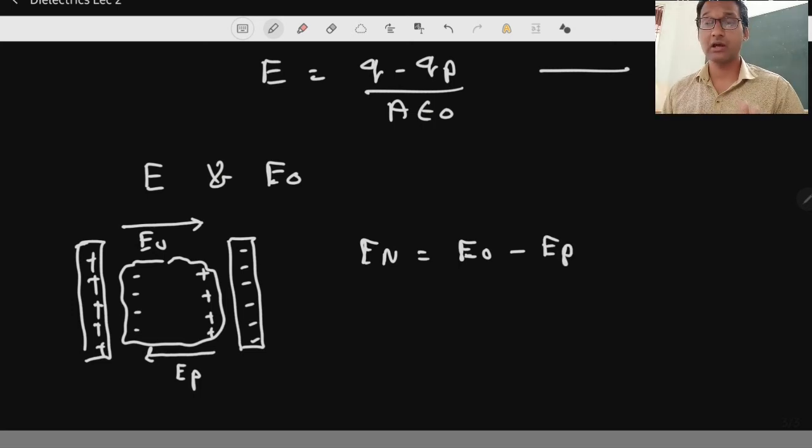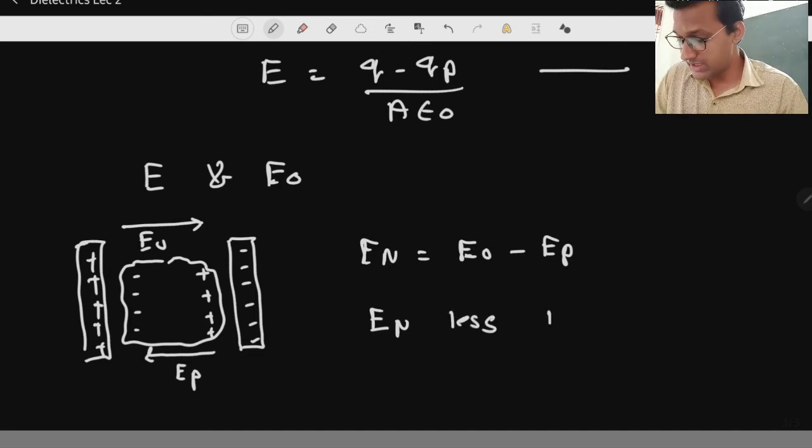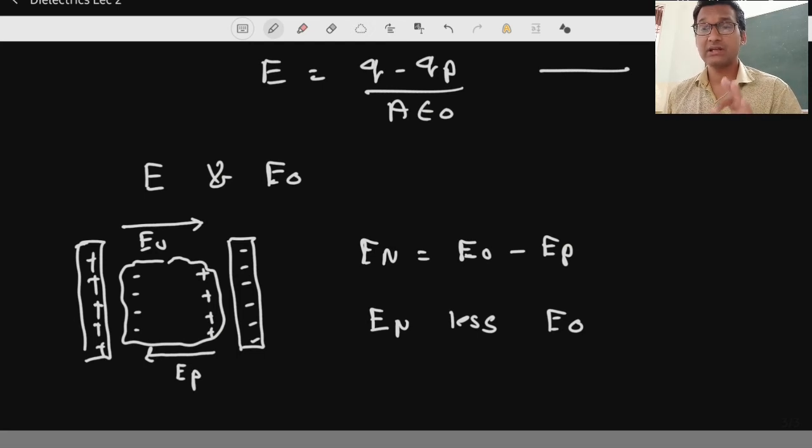As you can see, they are in opposite directions, so they subtract. So this net electric field E will be less than E naught. That means when we introduce a dielectric medium between the metal plates, the electric field is going to decrease.